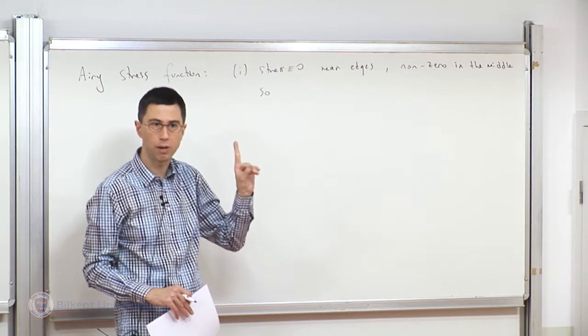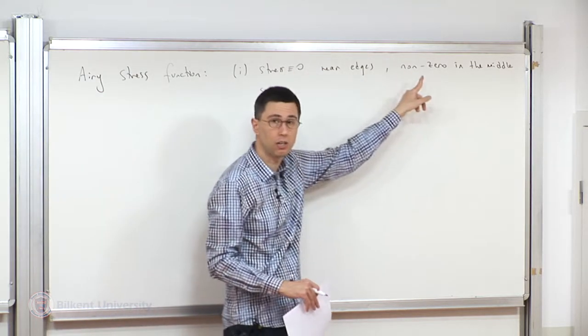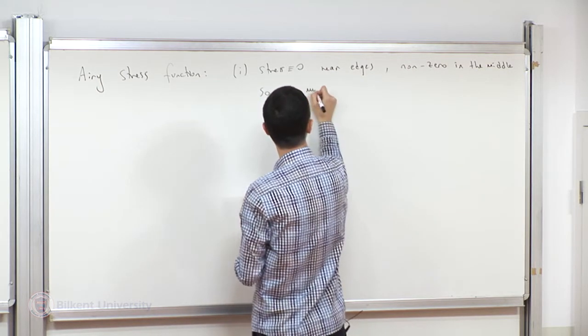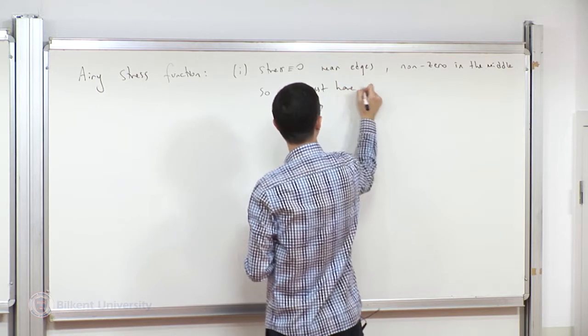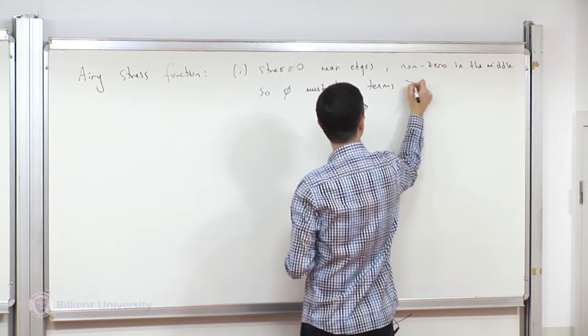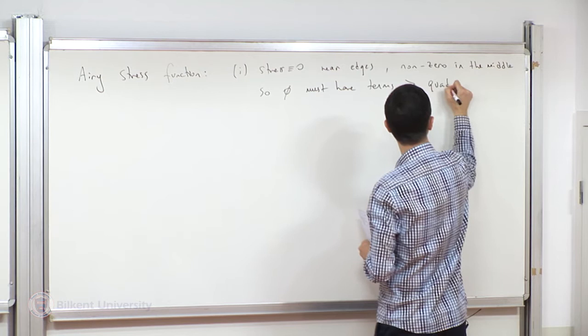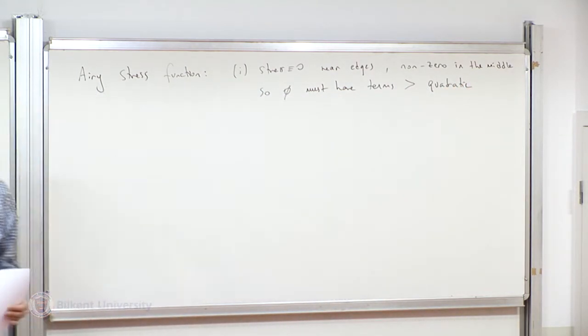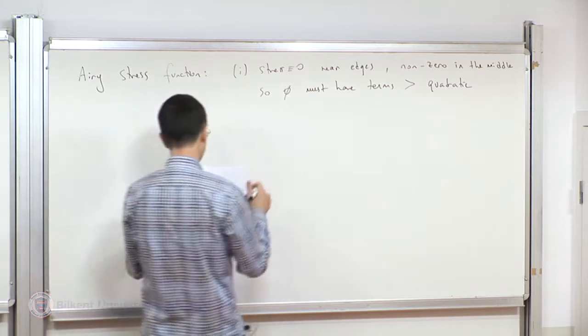That is my first observation as a result of non-constant stresses. So phi, the area stress function, must have terms greater than quadratic. If it has cubic terms, I will have linear variations of the stresses with respect to coordinates. And if I have quartic terms, eventually I will have quadratic variations, etc.